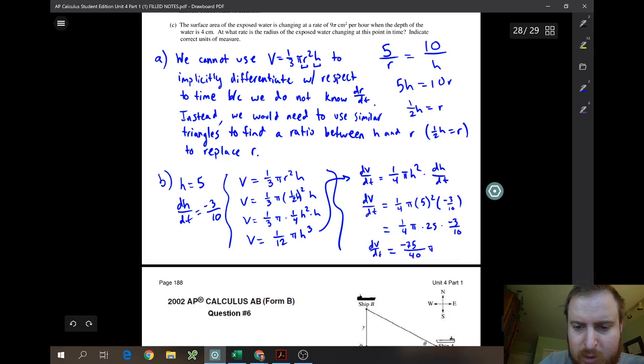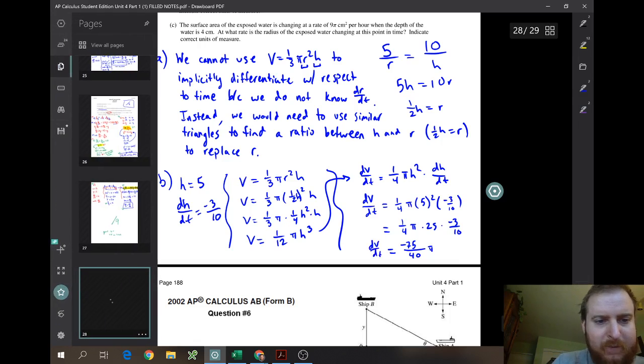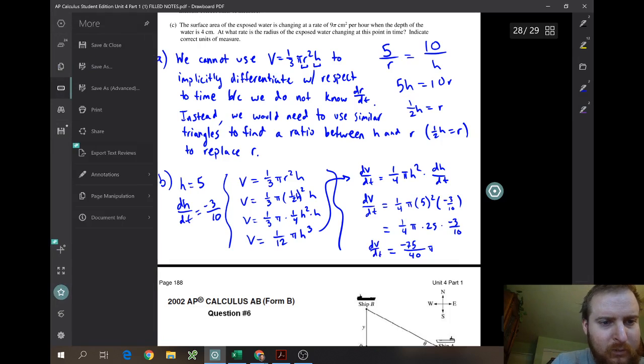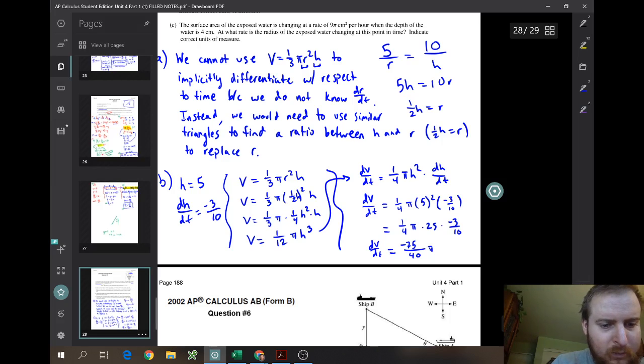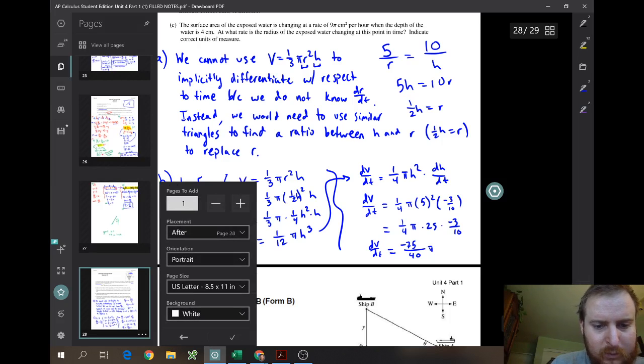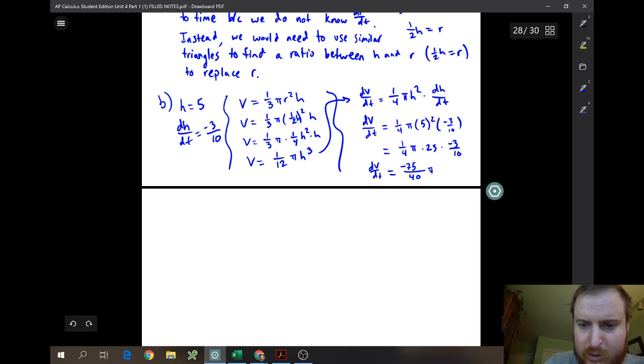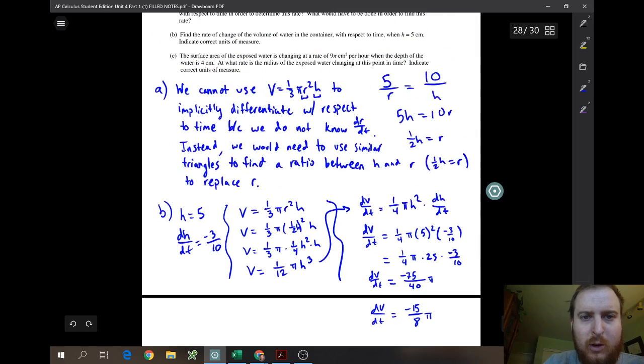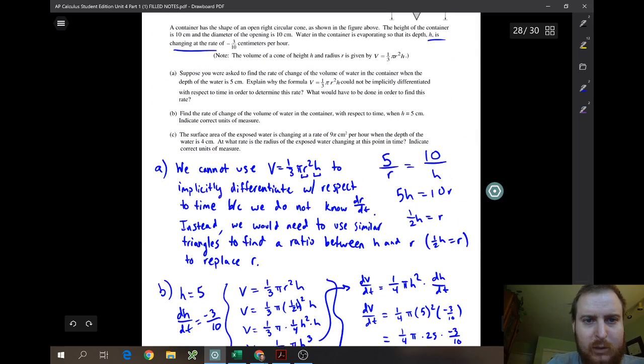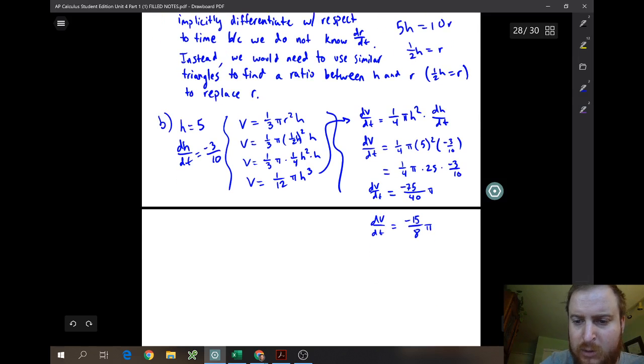I'm going to add another page in here. So we can divide both sides by 5, and that'll give us -15/8 pi, and then we need our units. Our units here were in, looks like centimeters per hour, but it's a volume. So because it's a volume, we're going to put centimeters cubed per hour.